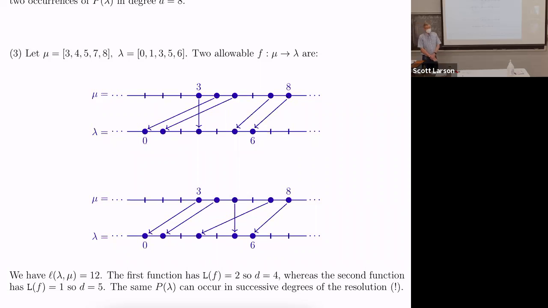Now, Jon Carlson was the first one to explain to us that if you have a projective resolution, and we never have the same indecomposable projective in 2 successive degrees, it's automatically minimal. Sadly, we have not been able to prove whether our projective resolutions are minimal or not because of this phenomenon. So we don't know.